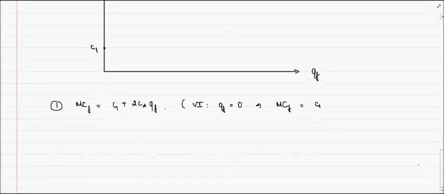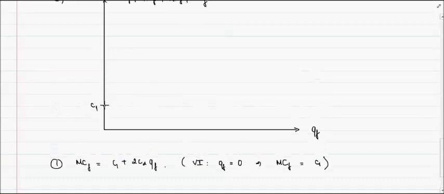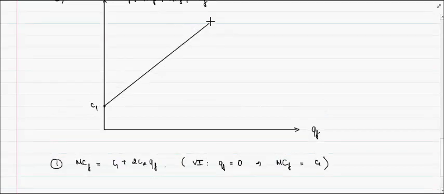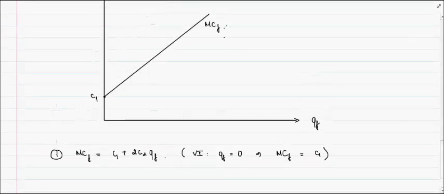For another point, because I do not know the values of C1 and C2, the easiest way is to draw a straight line starting from the vertical intercept going all the way up like this. We know that the slope of this one is 2C2. Alright, so this is the marginal cost, and the slope is 2C2.